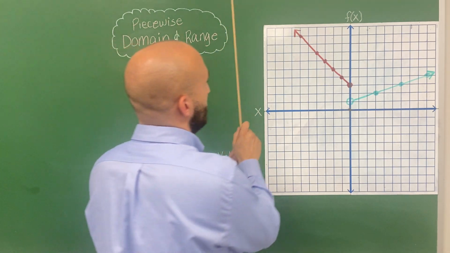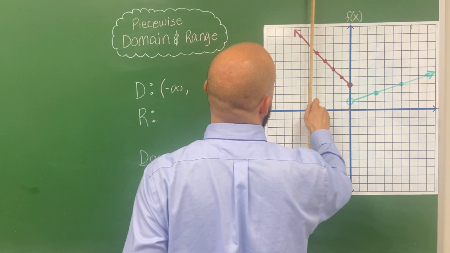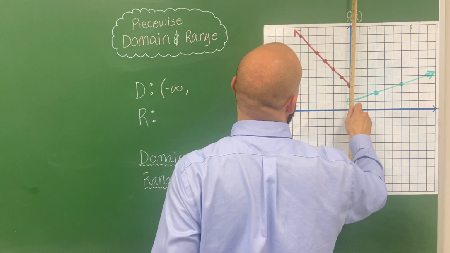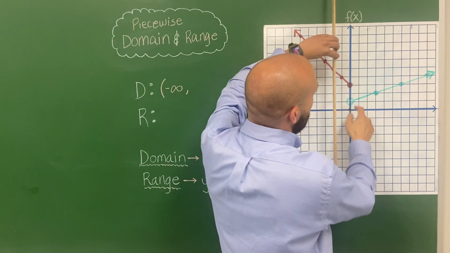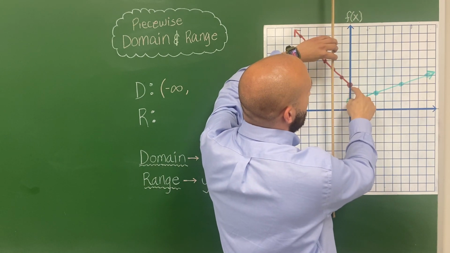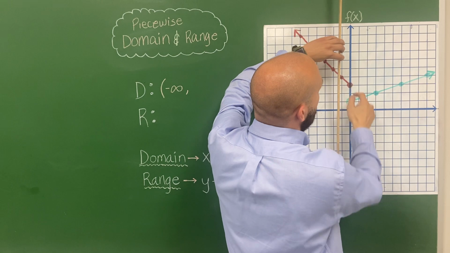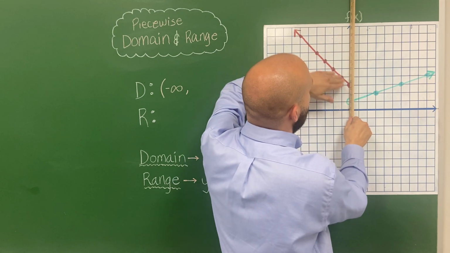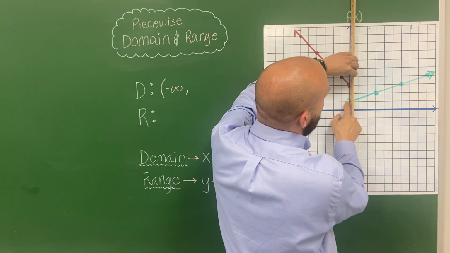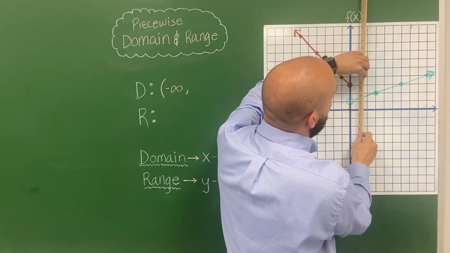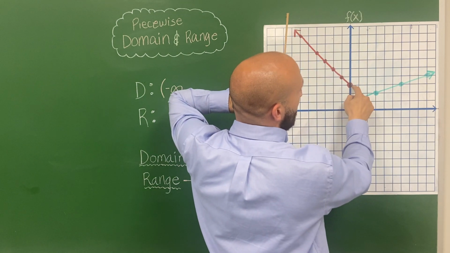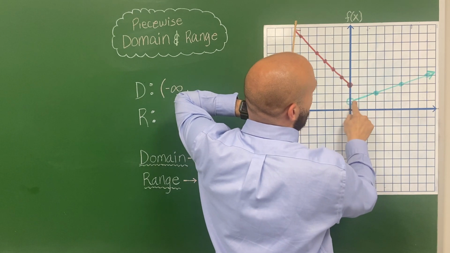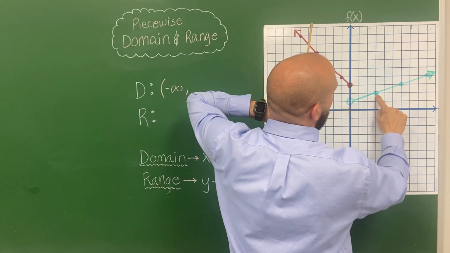I'm going to continue here and start going to the right to positive infinity. Notice here at x equals 0, this dot is closed, so it actually lands on this red one, but not on the green one. But as soon as I start moving to the right, as soon as this one ends, this one picks up.